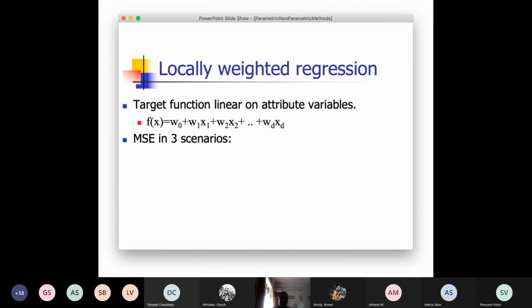You can find, for example, k nearest neighbors, and have a local fit of this function using those nearest neighbors, and estimate the functional value. So each time you have to solve this problem using, for example, k nearest neighbors. You can define a mean square error criteria, and it could be of 3 scenarios using k nearest neighbors.